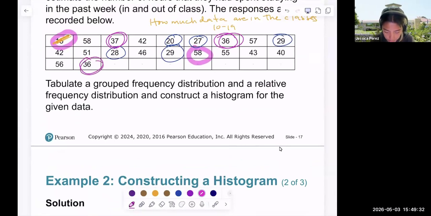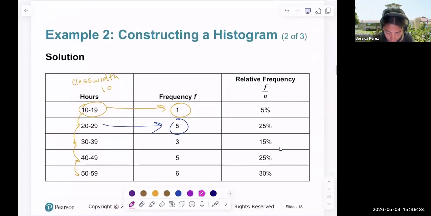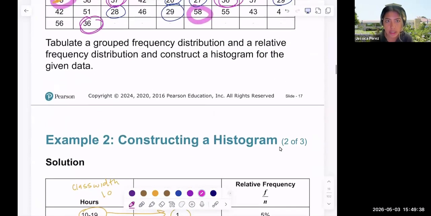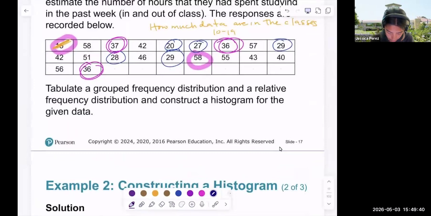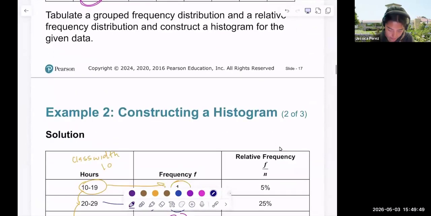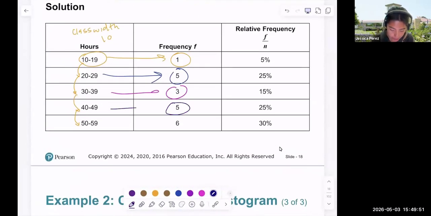So that's 1, 2, 3 data. So that's 3 data. How many data sets are between 40 and 49? So 40 to 49, a different color. So 1, 2, 3, 4, 5. So 5. That's between data 40 to 49.